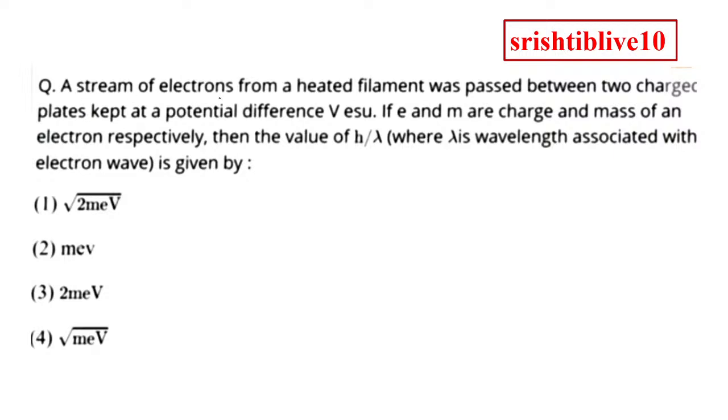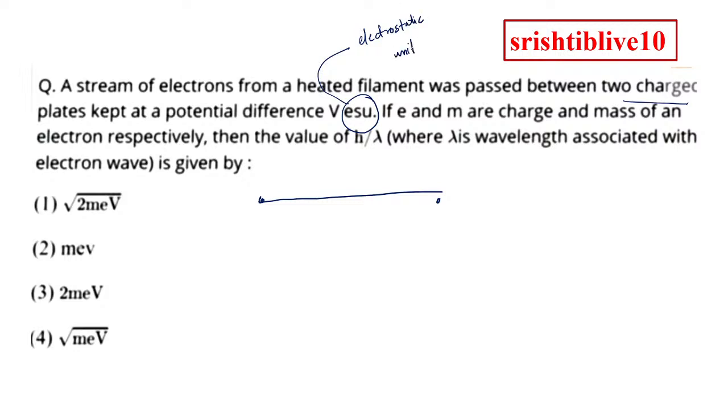So the question is, a stream of electrons from a heated filament was passed between two charged plates kept at a potential difference of V esu. ESU is nothing, it's a unit of potential, the electrostatic unit.